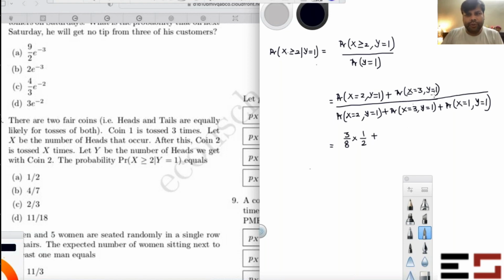Plus again do the same thing over here. What is the probability that x equals 3? Well, that's 1 over 8. And what is the probability that y equals 1 given that x is 3? It is 3 by 8. Again, just write the first two terms exactly like this.